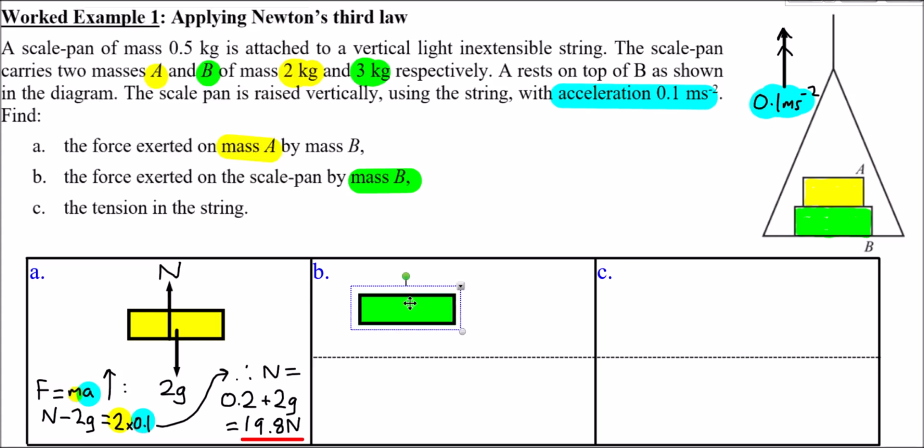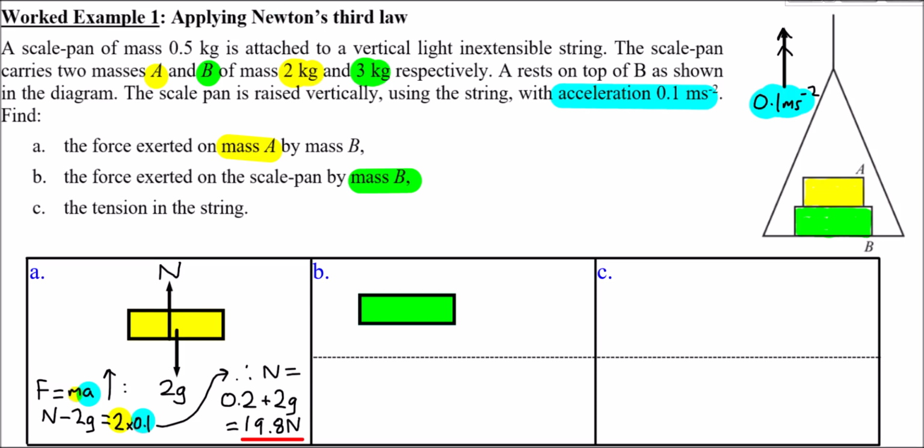Well, like I mentioned just now, according to Newton's third law, every action has an equal and opposite reaction. So what we realised in part A is that mass B exerts a force of N on mass A. Therefore mass A will exert this same force of 19.8 newtons onto mass B.